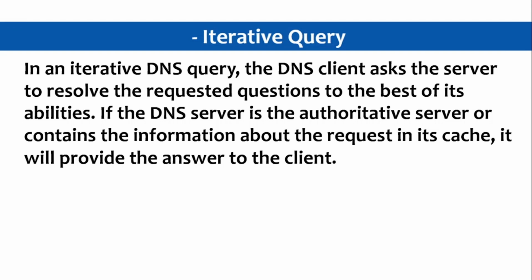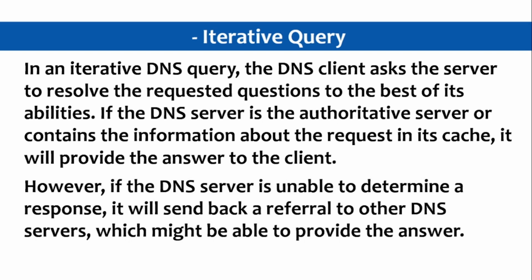If the DNS server is an authoritative server or contains information about the request, say if it's cached, it will provide the answer to the client. And if it's not able to resolve it, the DNS server will send back referrals to other DNS servers which might be able to provide the answer. So this exactly happened in our example.